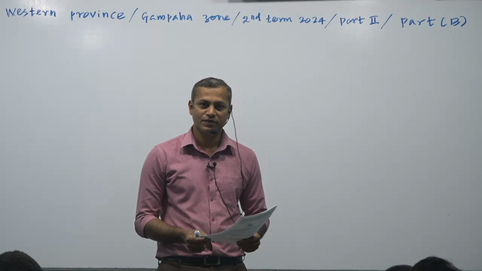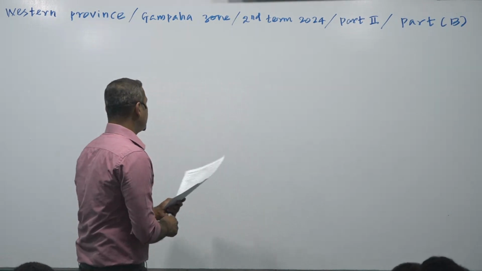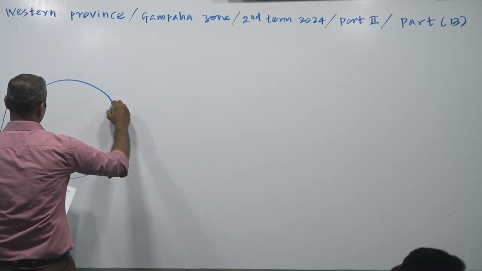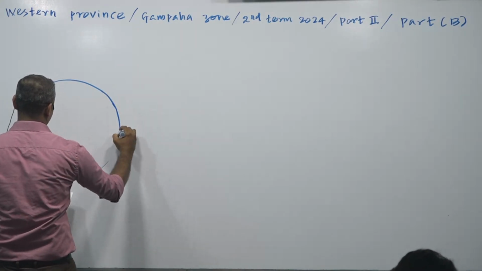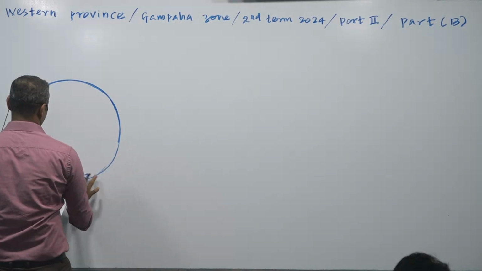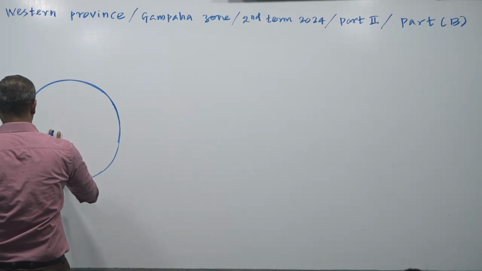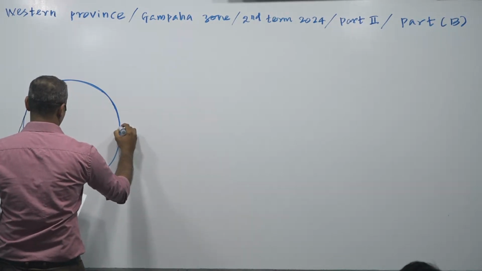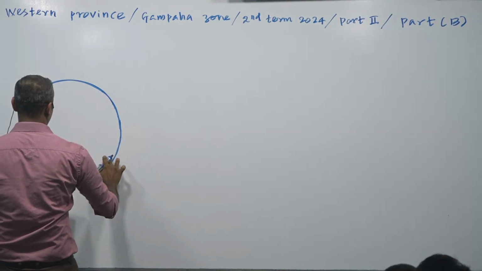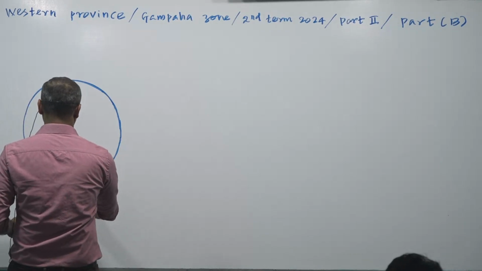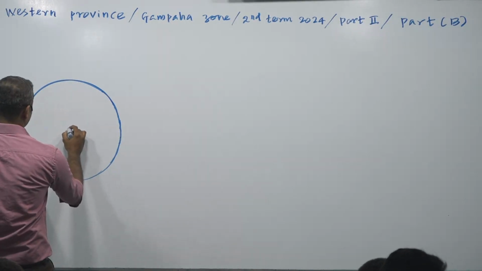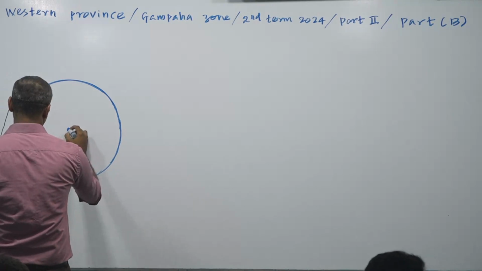Okay, draw the diagram first. O is the center of the circle.